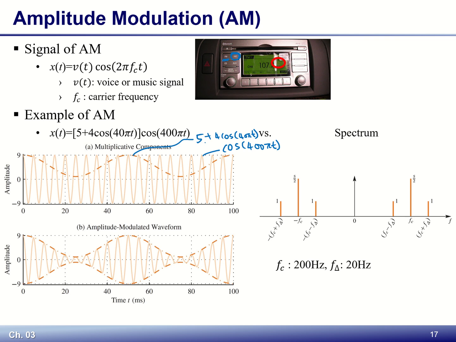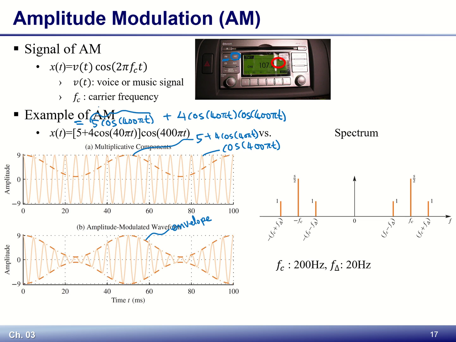So when you multiply, it looks like this. This is the envelope. And this is 5 cosine 400 pi t plus 4 cosine 40 pi t cosine 400 pi t.